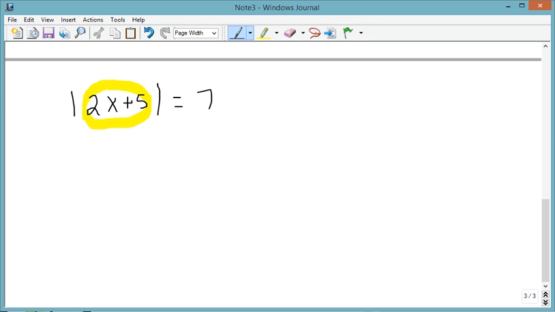So we can break it up into two parts, and that's really the key to solving absolute value: you get two equations. One is equal to 7 and one is equal to negative 7. Either way, if I put negative 7 inside there and took the absolute value, I would get 7.